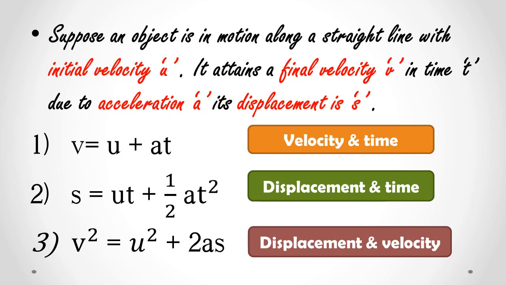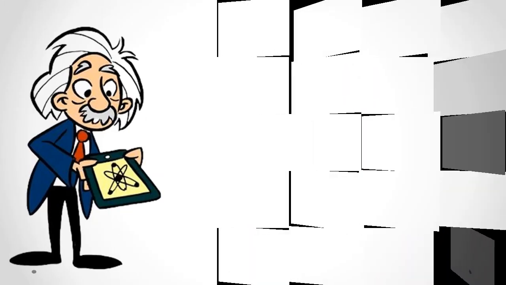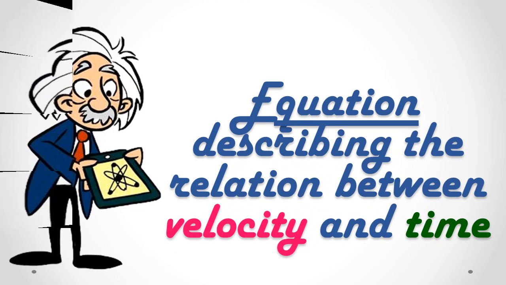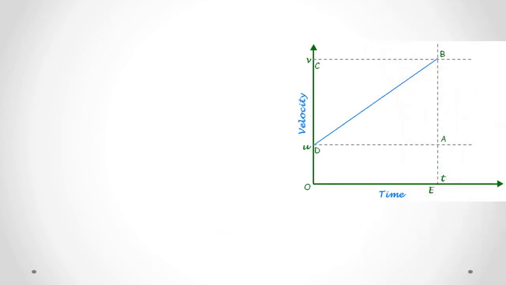Now students, let's see how these equations are obtained by the graphical method. So first we are going to learn about the equation describing the relation between velocity and time. This figure given to us shows the change in velocity with time t of a uniformly accelerated object.